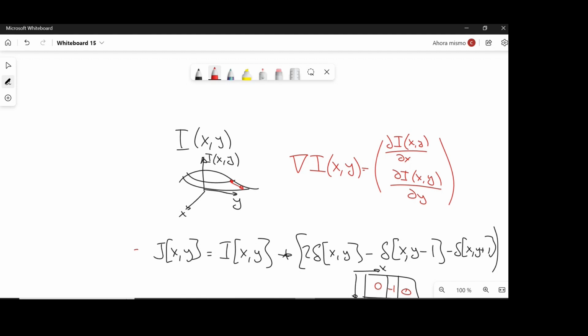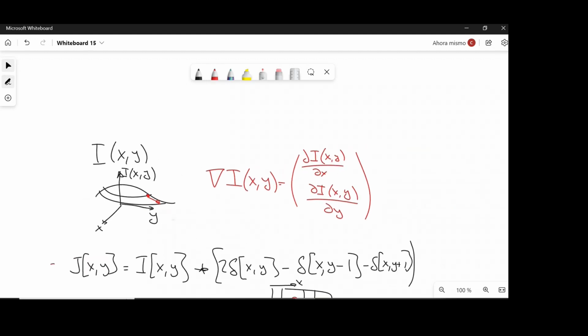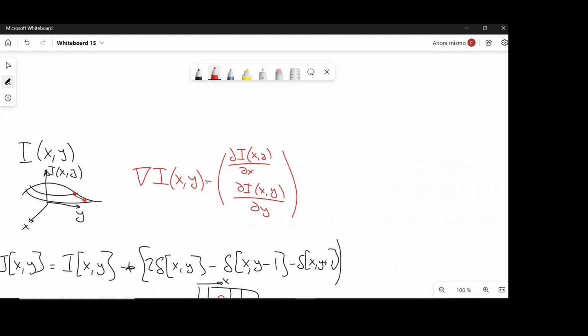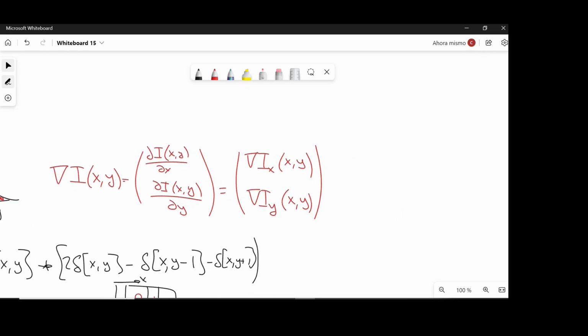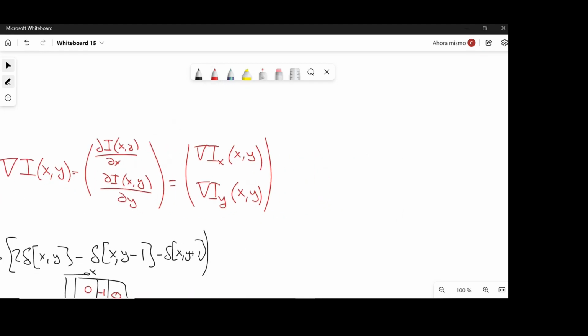And we know that we can approximate derivatives with this kind of convolution. Since it is a vector, it will have an x component and a y component. Then I can compute the module of that vector.